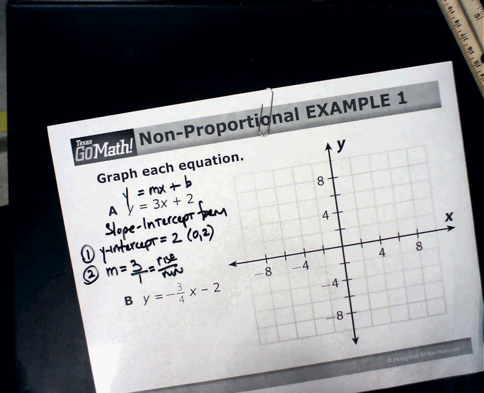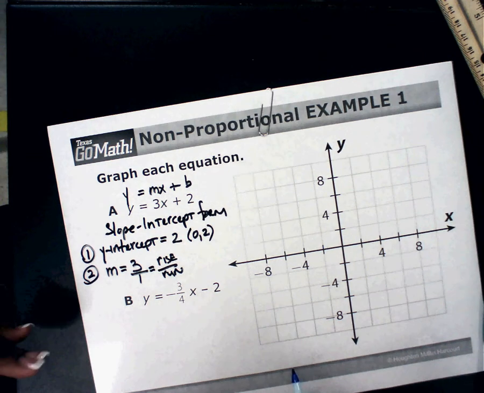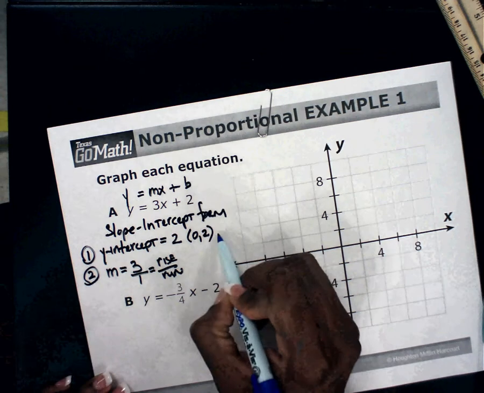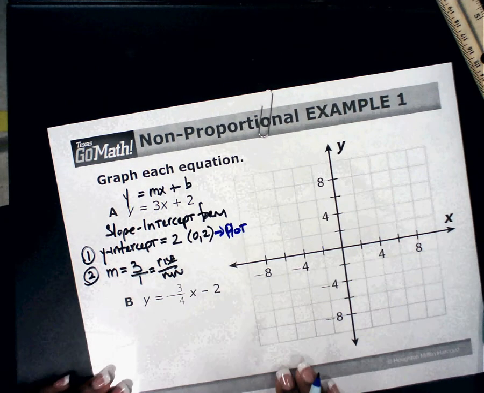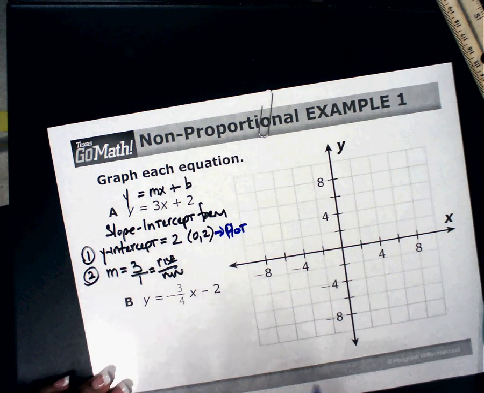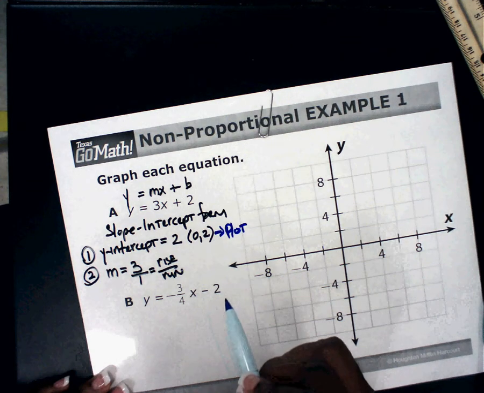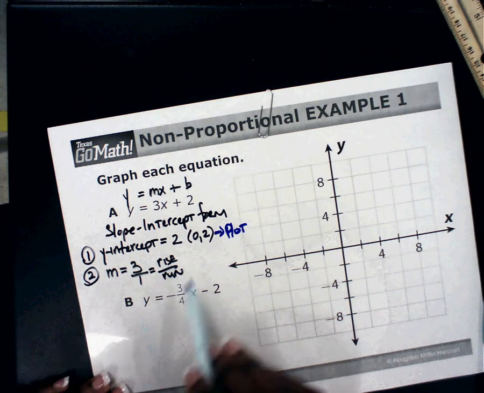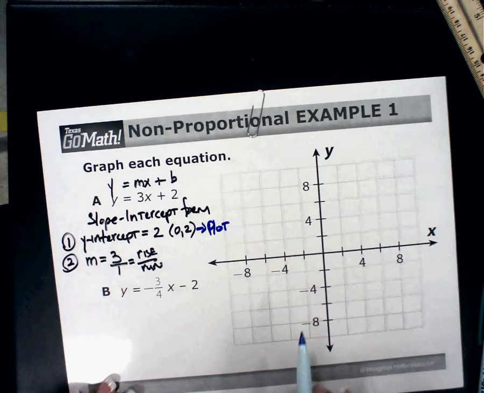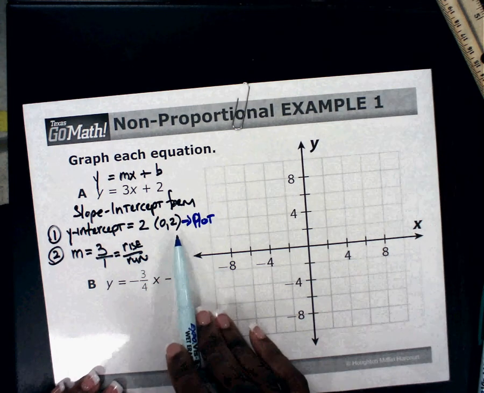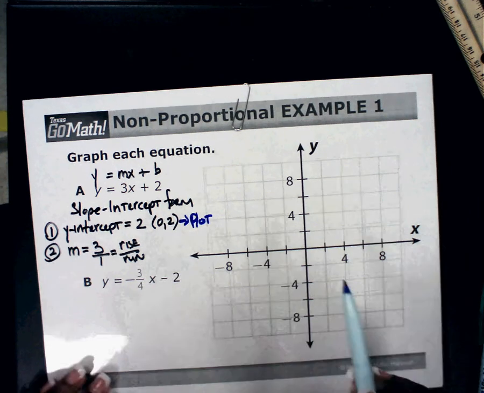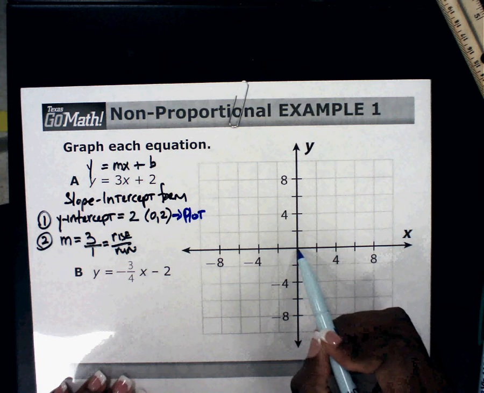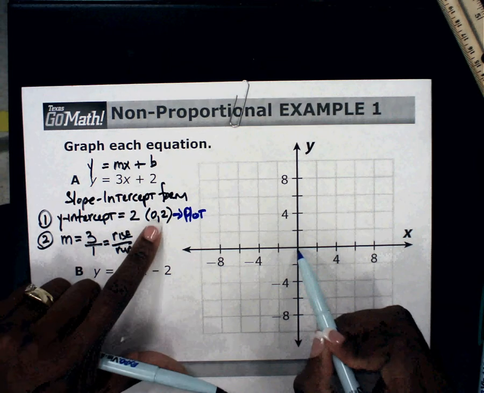So now that we have the information, the first thing that we're going to do is plot the y-intercept. Then after we plot the y-intercept, we're going to go on to number 2. But let's do number 1 first. The y-intercept is at (0, 2). When we plot a point, we go to the origin and look at our x-coordinate, which is 0, so that means we don't go left or right at all.